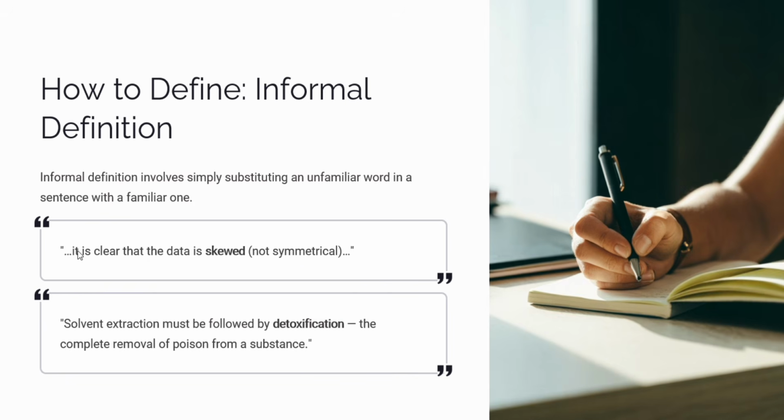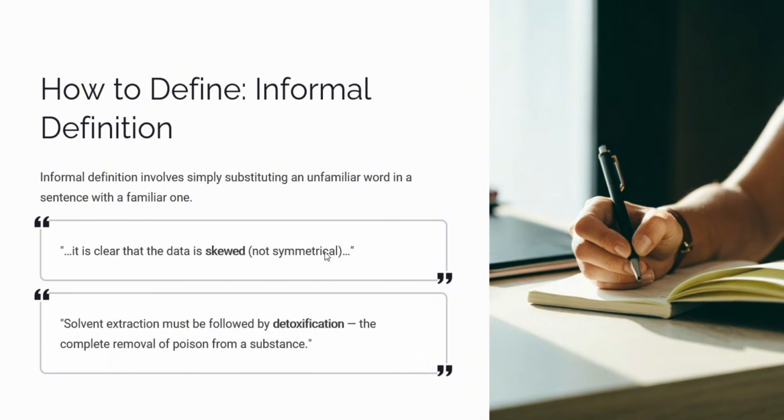Take for instance, it is clear that the data is skewed. The word that is unfamiliar here is the word skewed. So if I substitute the word skewed in this sentence with the words not symmetrical, which are familiar words, what I have done is that I have defined it in an informal way.